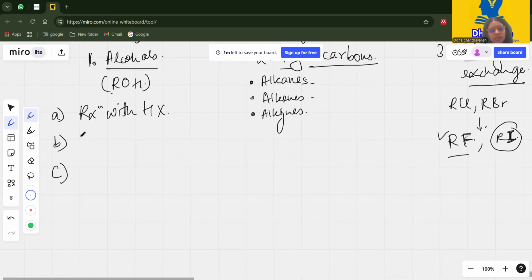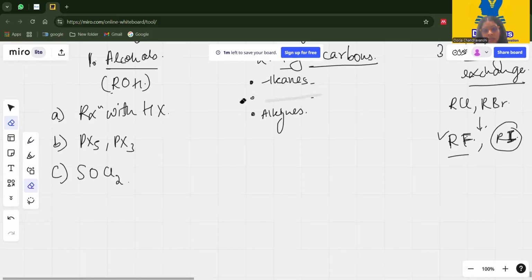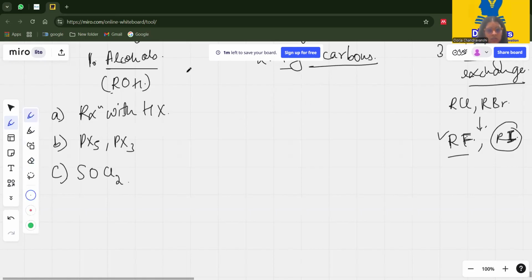Then we'll see phosphorus halides, so PX5 and PX3. And third would be SOCl2. Then for hydrocarbons, I'll distinguish all of these.